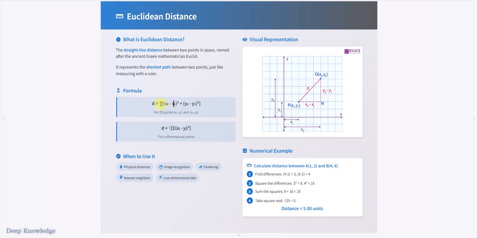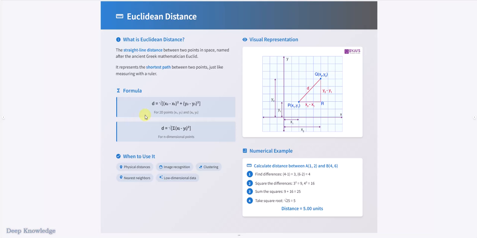For instance, you are at 2, 2, and the other point q is at 5, 5. You do 2 minus 5 squared, plus 2 minus 5 squared, because we have selected the same points. And this is for 2D points.